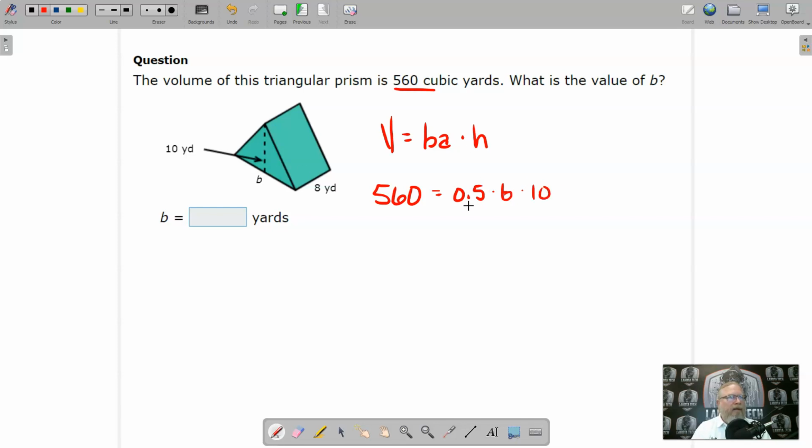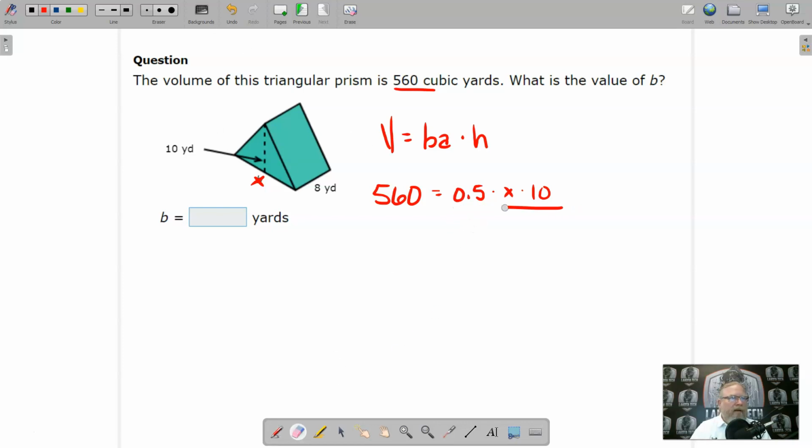And then, so all this right here is the base area of the triangle. 1/2 times base, which is b, looks like a 6. Let's call that an x. So I'm going to call this x instead of b. That way it doesn't look like a 6. And so all that's the base area of the triangle.